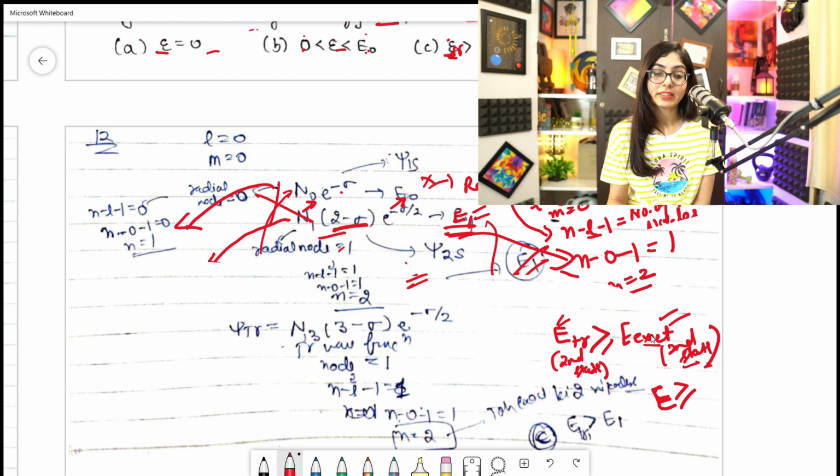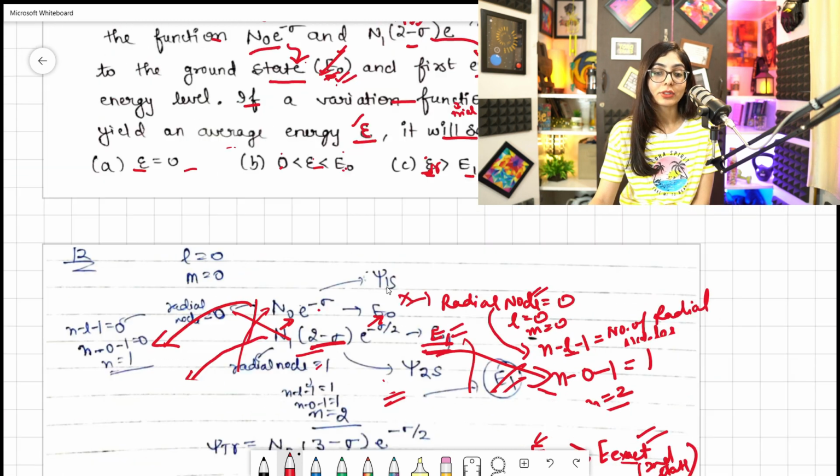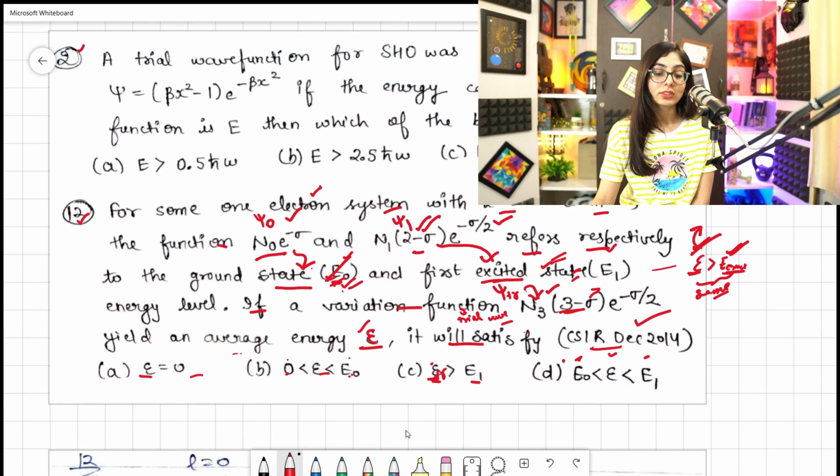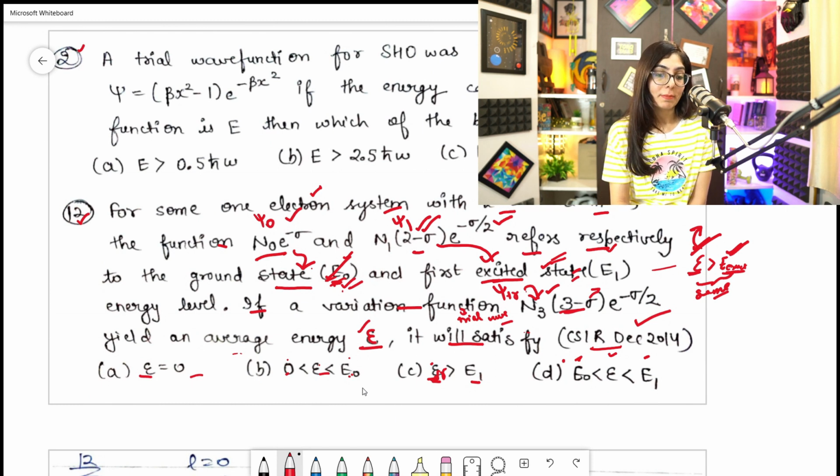So it will be greater than this E1, and you will find that E greater than E1 would be the right option. And you can see over here, if I go to this A part, E is 0, that is incorrect. E is less than E naught is again incorrect. Fine. So because energy will increase over there and the ground state energy will be low, so here the ground state energy is high, so it is again wrong.